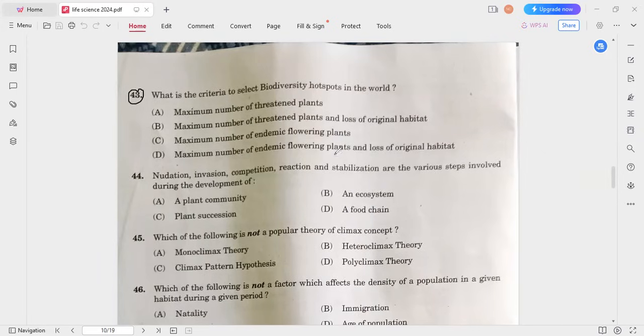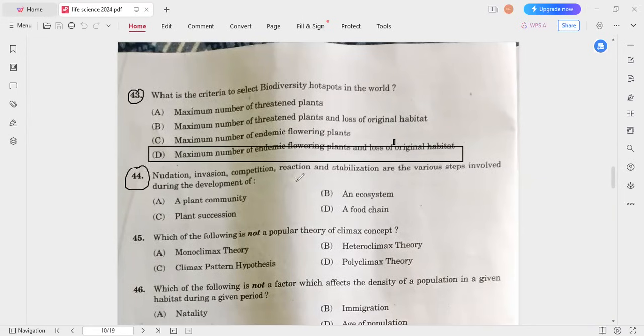It should include the maximum number of endemic flowering plants as well as loss of original habitat. Okay, option D is the correct answer for question number 43. Okay, so now move on to the next question, question number 44.